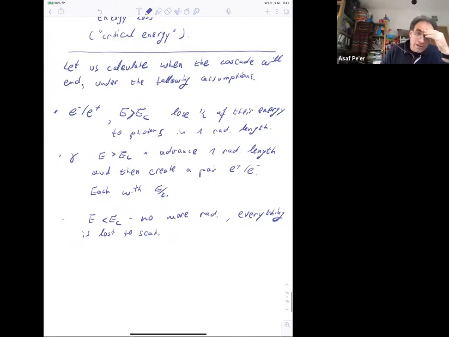And we neglect ionization. Basically, it's a very simple model. Essentially what it says is that each radiation length, we lose half of the energy by producing twice the number of particles that we have. So what is the number of particles when the cascade ends?